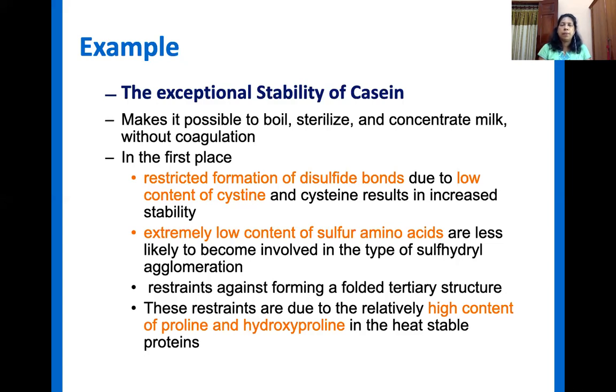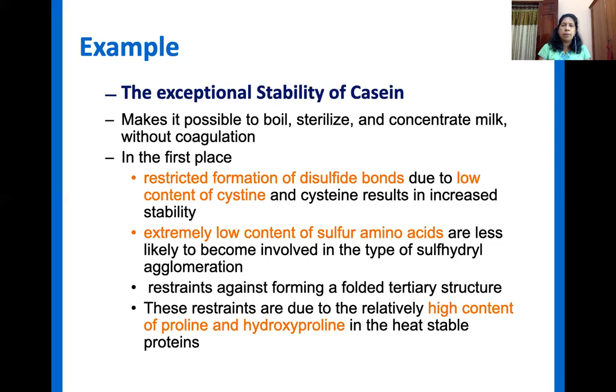Restraints against forming folded tertiary structure. And these restraints are due to the relatively high content of proline and hydroxyproline in the heat stable protein. Right?